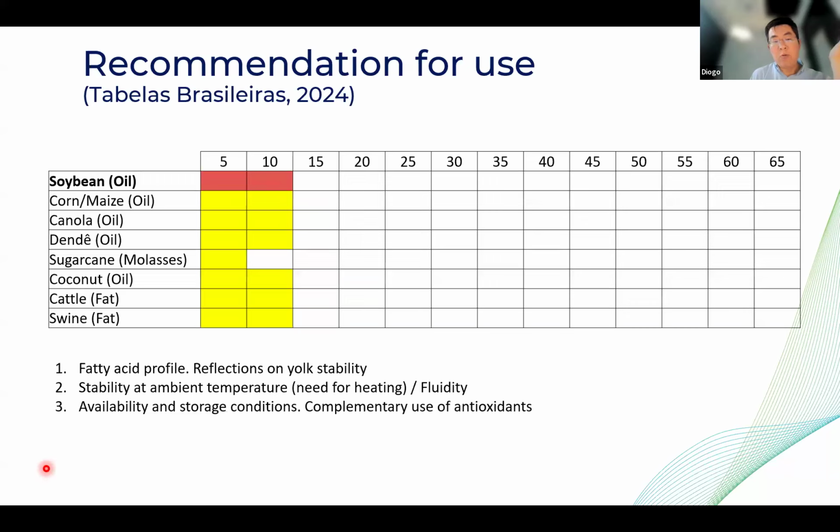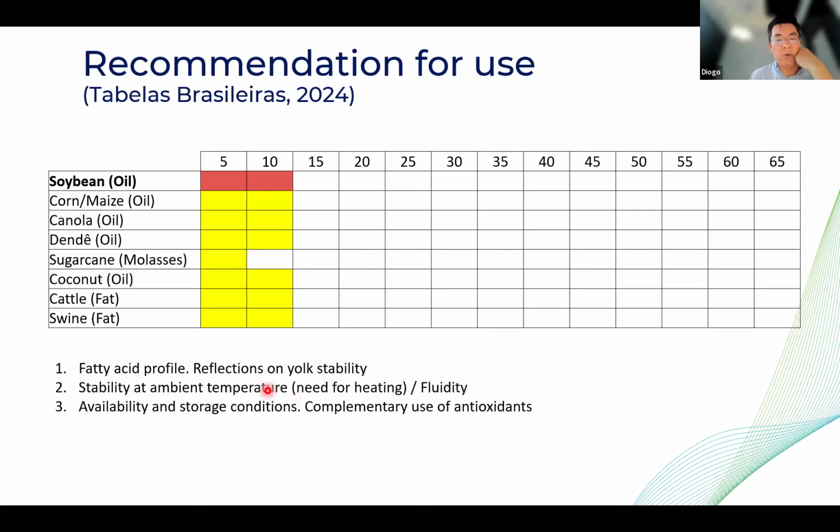Oils. Oils are the ones where it's easier to find alternative ingredients. But again, we need to take care about the fatty acid profile of each oil and the stability at ambient temperature. Sometimes we need to heat some oils to use in the feed mill to have the fluidity of the oil.